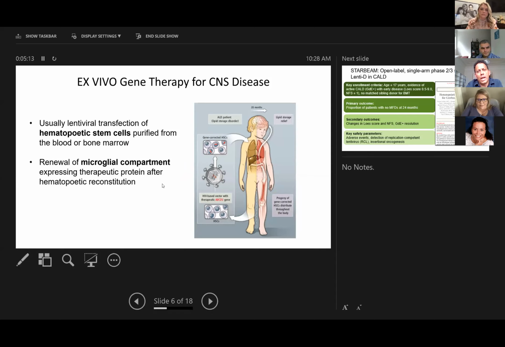And what we think happens here is that this renews a particular compartment of cells known as microglia, and they have the advantage of expressing this therapeutic protein usually for a lifetime after hematopoietic reconstitution. So this is one advantage over the in vivo gene therapy approach, that there's a continuous renewal of these cells happening from the bone marrow.